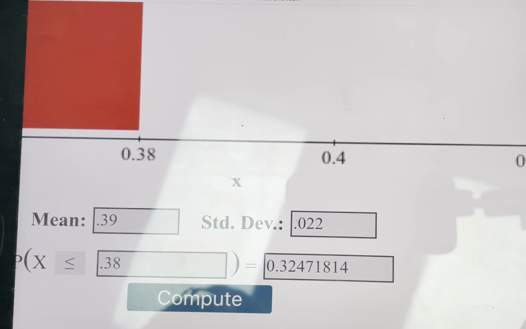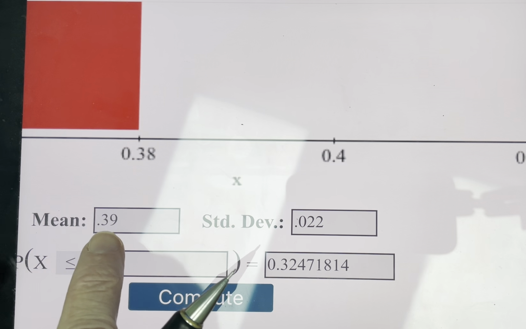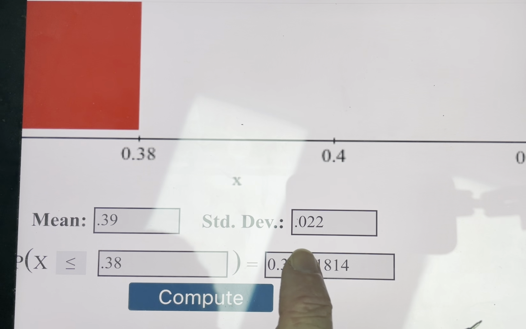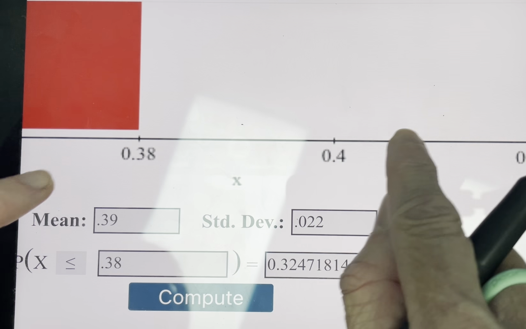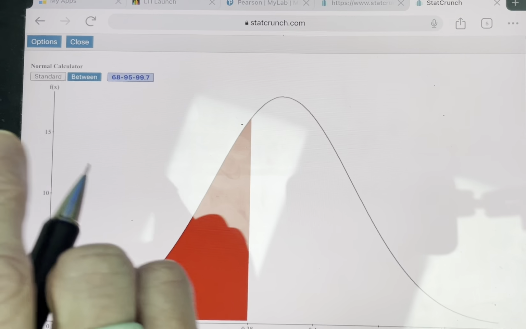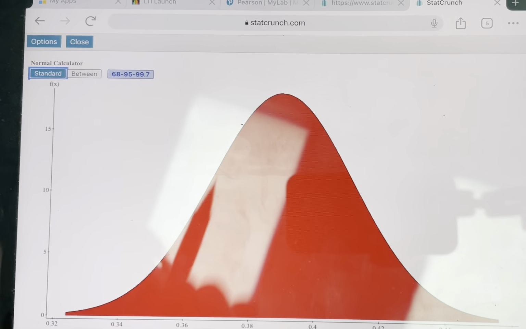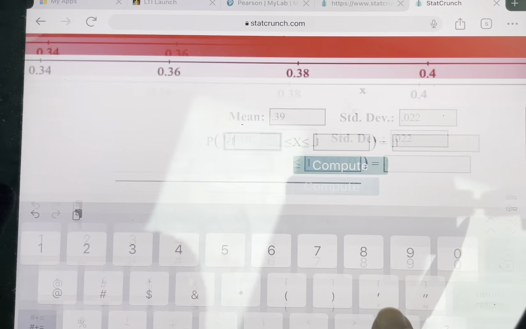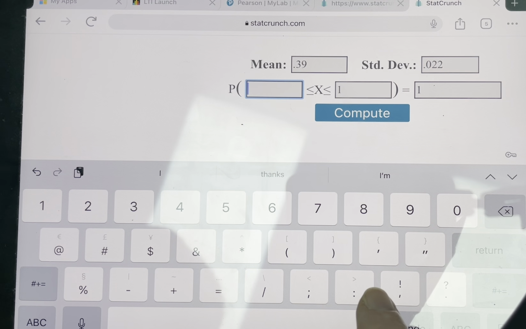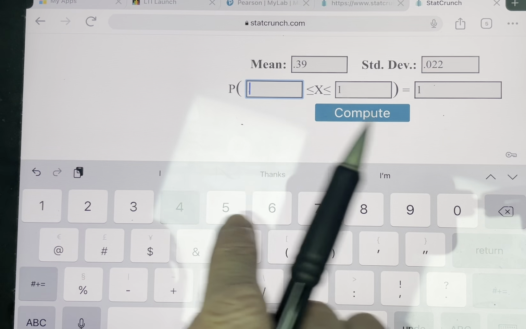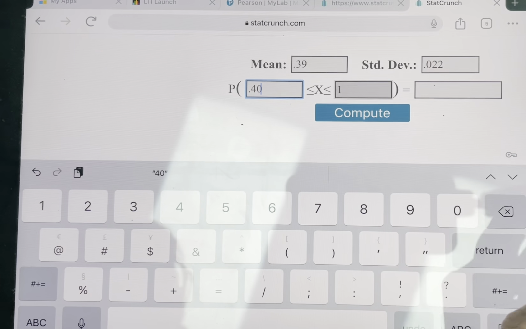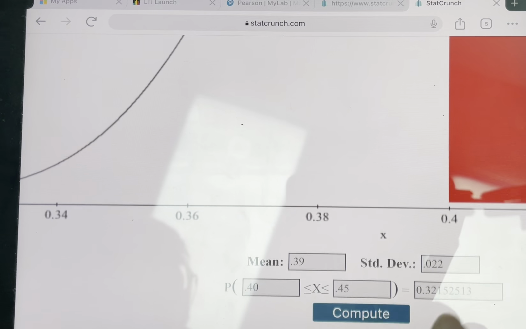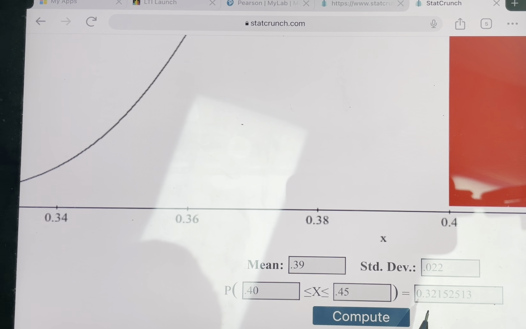We have the same mean, 0.39, and the same standard deviation of 0.022, but now we want to go to the between option, so I need to select between. We want to be between 0.40 on the left and 0.45 on the right. Compute.